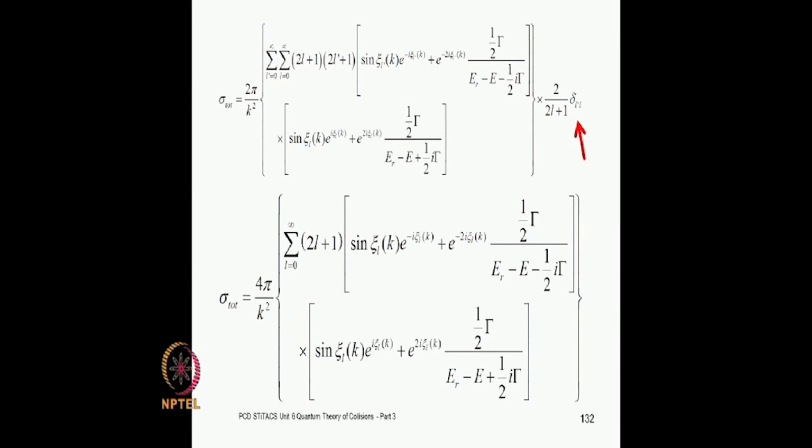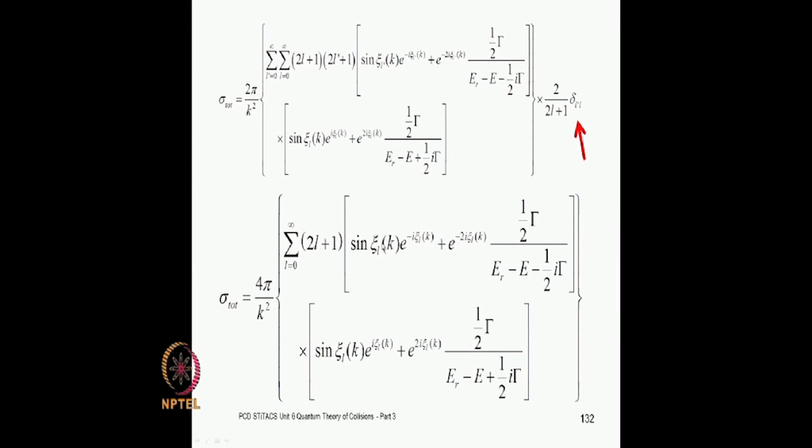So now after contracting over this Kronecker delta, you are left with only one single summation, which is over L going from 0 through infinity. There is only one 2L plus 1 factor because this 2L plus 1 has killed one of these two.